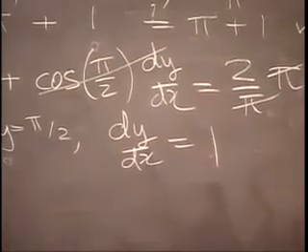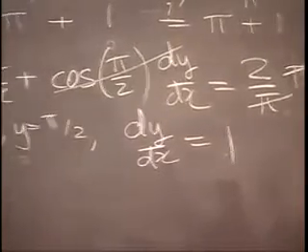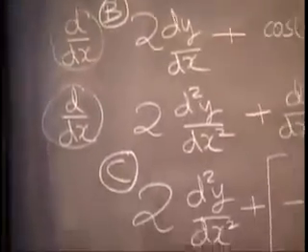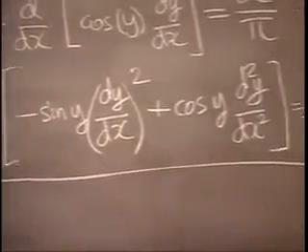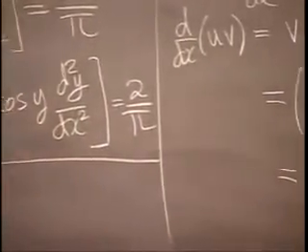But we're not done because we need the second derivative. So now I have to come over to equation C and plug in x equals pi, y equals pi over 2, and dy/dx is 1. That's what we just found out.